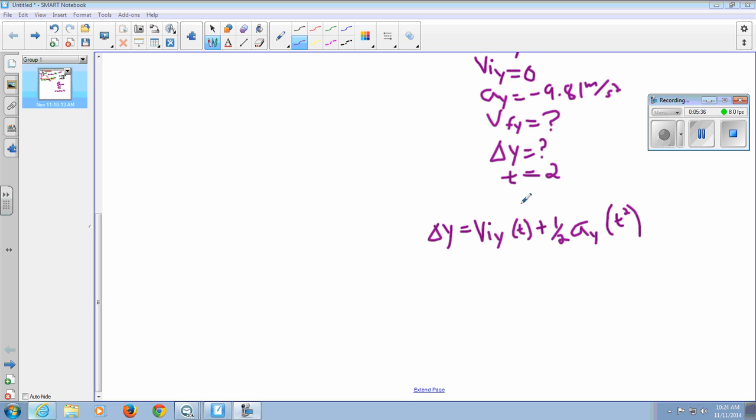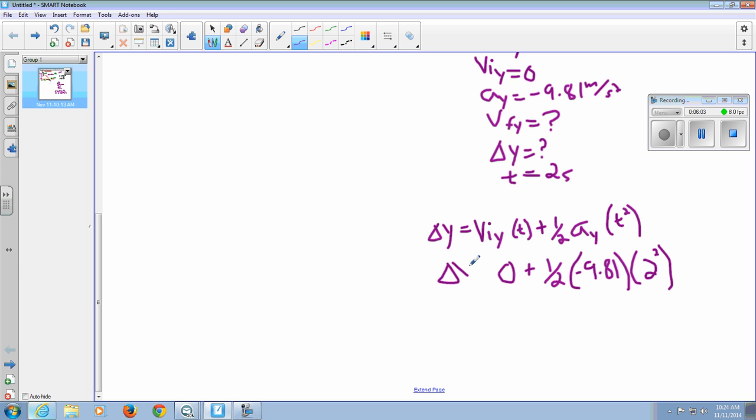Plug in all your information for this. This all becomes 0 because the initial velocity is 0. So that's 0 plus 1 half times negative 9.81. And I'll leave out the units just for simplicity. And this is 2 squared. So that's going to tell me my displacement in the y direction.